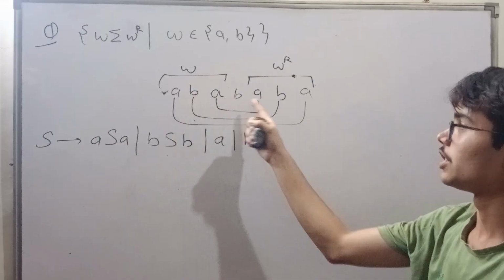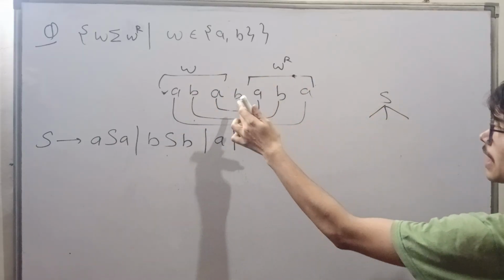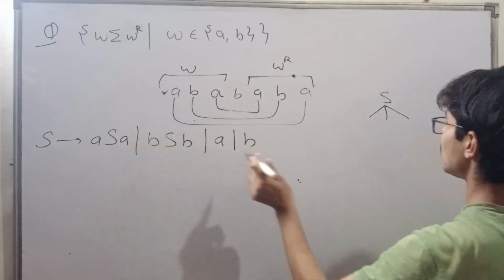How can we generate this string? S generates A S A, like AA from this one.